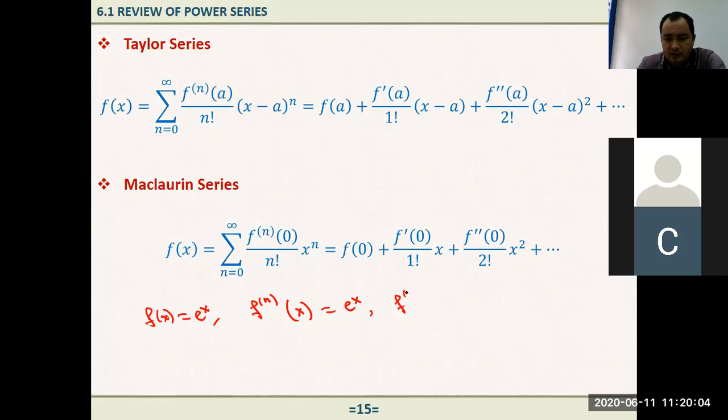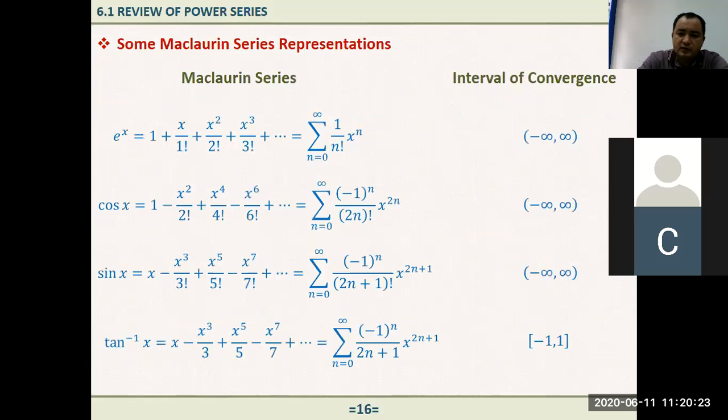And any order derivative of this function at 0 is equal to e to the power 0, which is equal to 1. So here we have 1 over 1 factorial x, 1 over 2 factorial x squared, and 1 over 3 factorial x cubed. That's why the Maclaurin series representation of e to the power x is equal to this.